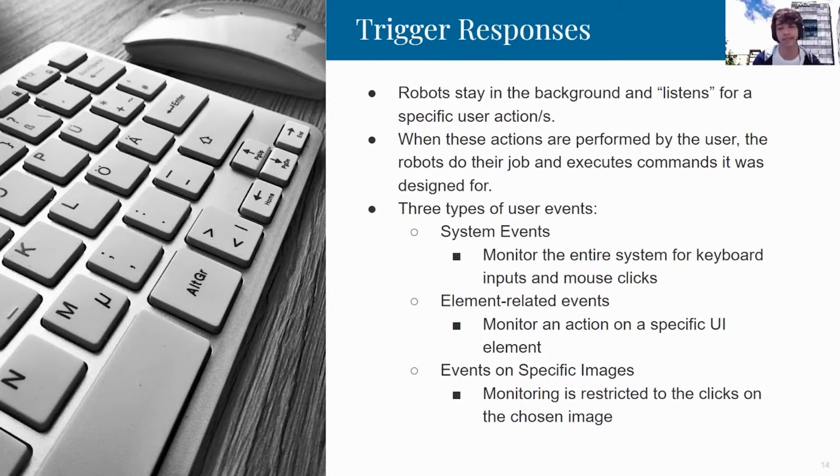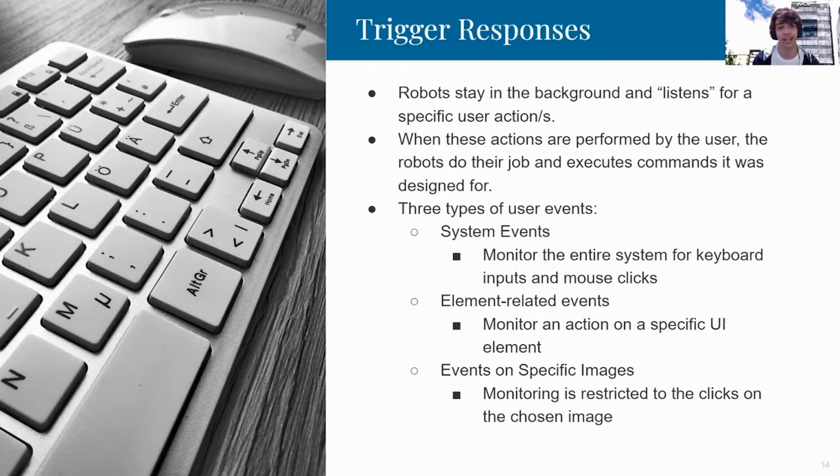As you may know, events have things called listeners, and these listeners wait for specific user actions. When these actions are performed by the user, the robots do their job and execute the command that it was designed for. So for instances like this, where processes are activated by triggers, attended robots are used. I will further discuss it later, so stay put.